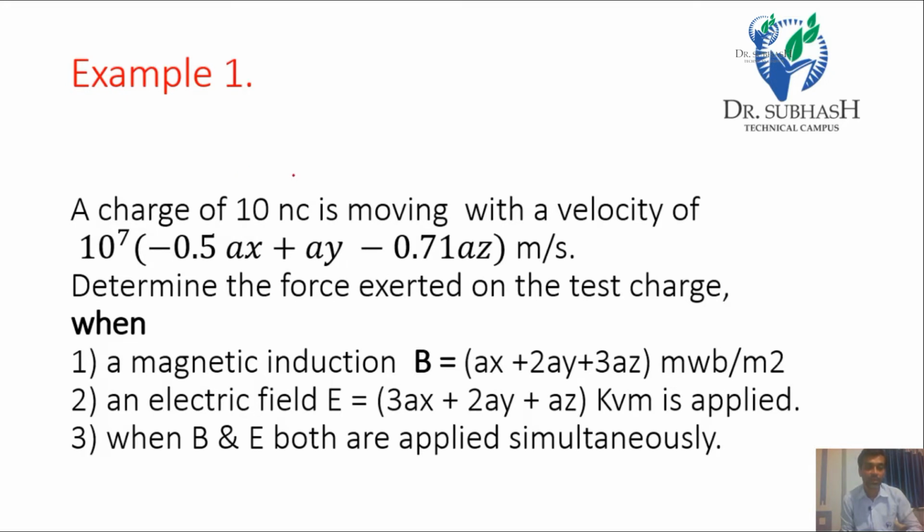Here we are given a charge of 10 nanocoulomb moving with velocity 10^7 (−0.5 ax + ay − 0.71 az) meter per second, and we determine the force exerted when the magnetic induction B is ax + 2ay + 3az milliWeber per meter square, and electric field E is 3ax + 2ay + az kilovolt per meter, due to both the magnetic induction and the electric field E.